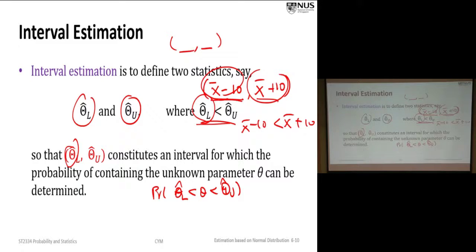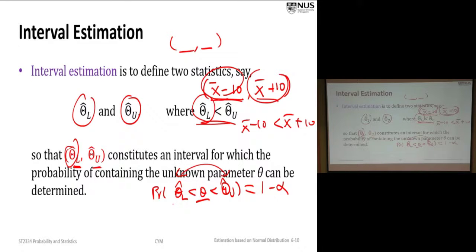I use L to denote the lower limit of this confidence interval, and U to denote the upper limit. So this statement simply means that we try to find a random interval that covers theta with probability maybe 1 minus alpha, for example. That's what we are going to do.